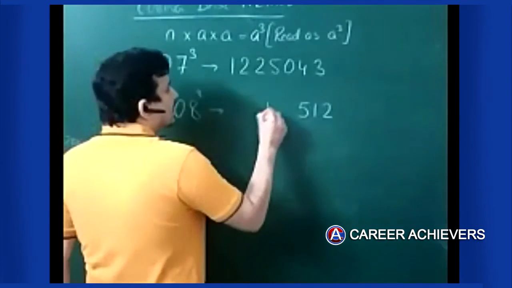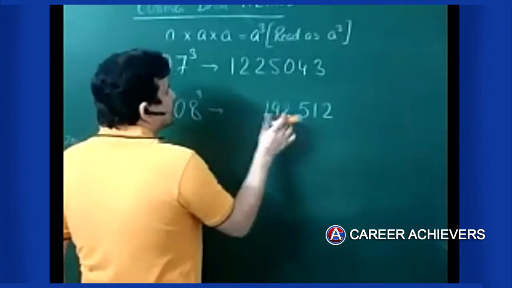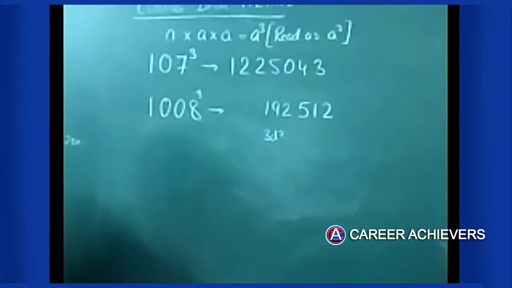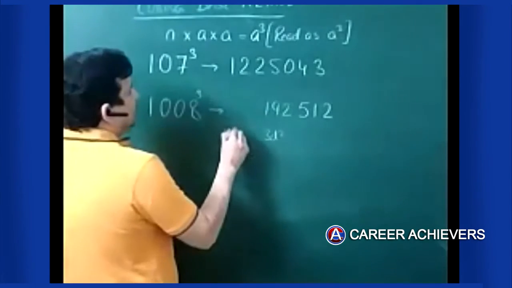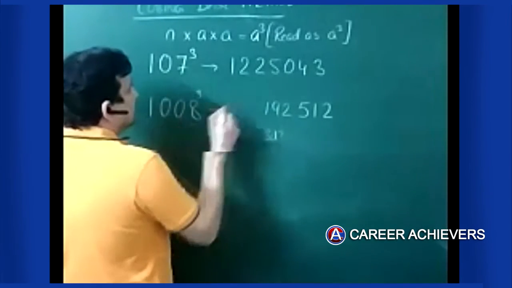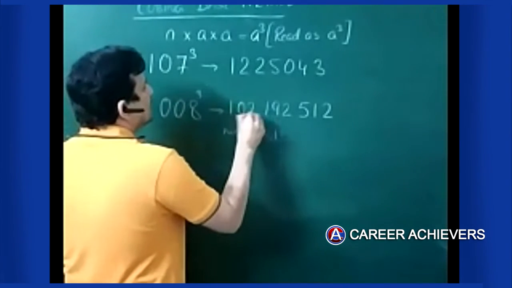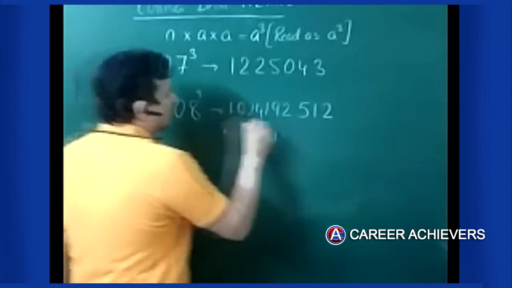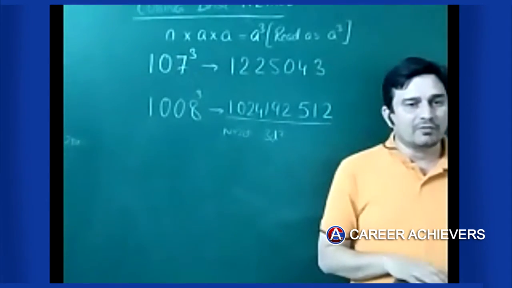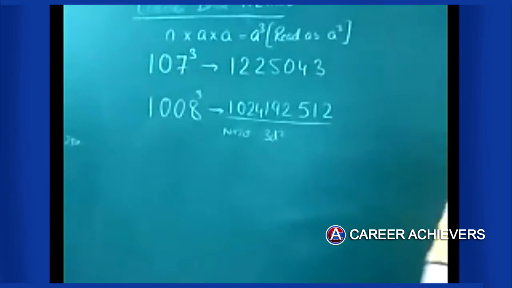So you will write 192. 3 digits are allowed since the base is 1000. Now number plus 2d. So number is 1008 plus 2d is 16, which becomes 1024. So the complete answer is 1024192512. Arna, your answer was correct now.